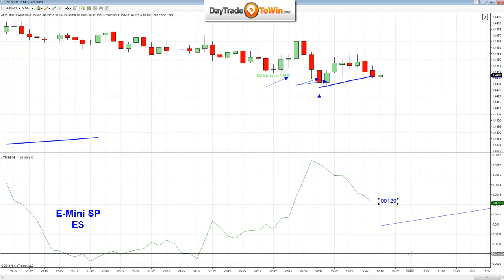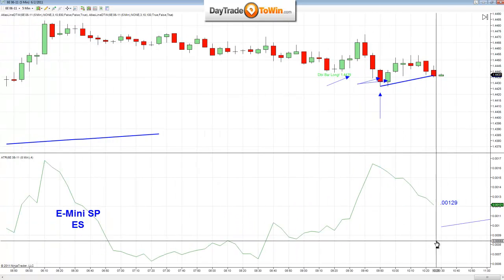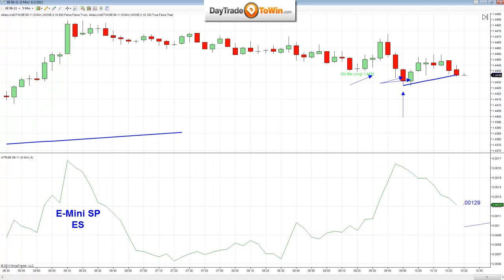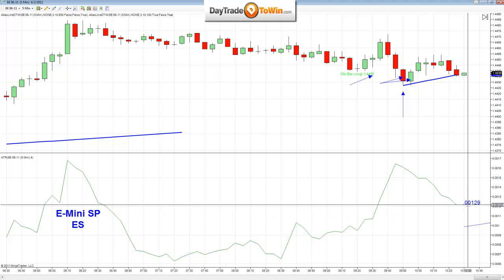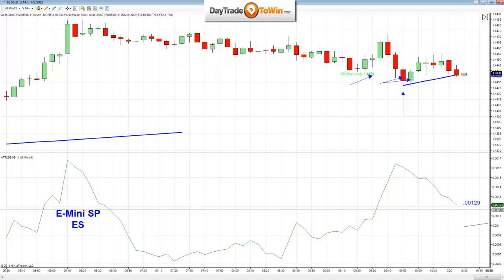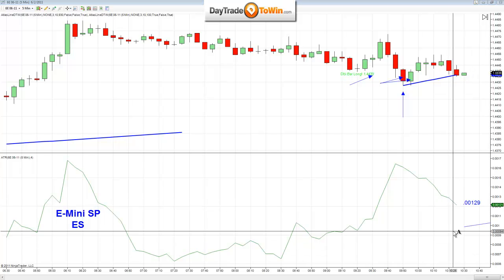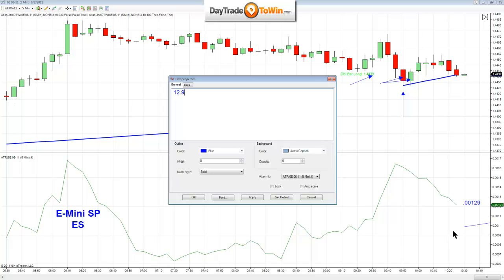So what is 0.00129? How do you correlate that into a profit target? It's very simple, and I get this question a lot. Move the decimal place over 4 spots, right? 1, 2, 3, 4. That would really amount to 12.9.